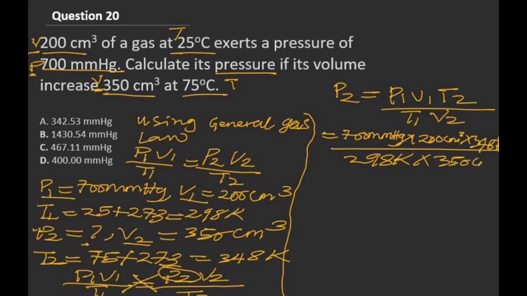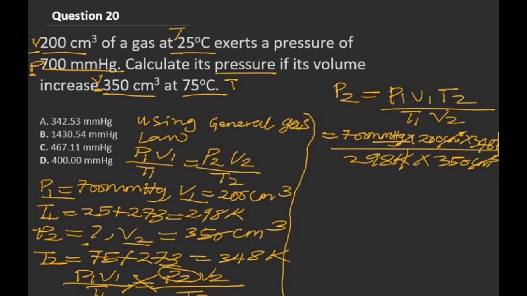We cancel out cm cube, and we cancel Kelvin with the other Kelvin. So the unit for the answer will be millimeter mercury.